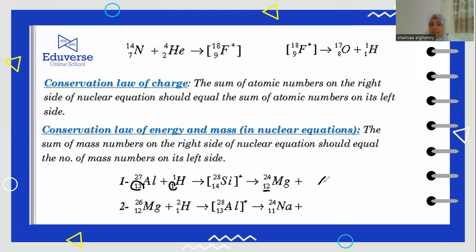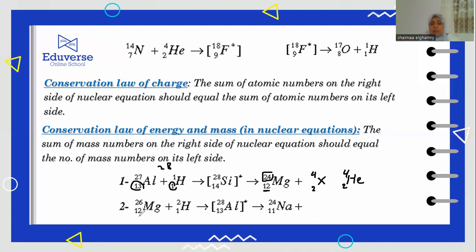So we have X, which has atomic number 2. What about mass number? Here 27 plus 1, it's 28. Magnesium has only 24. So we need here 4 to balance the masses. So X, which has atomic number 2 and the mass number of 4, which is what? Alpha particle.